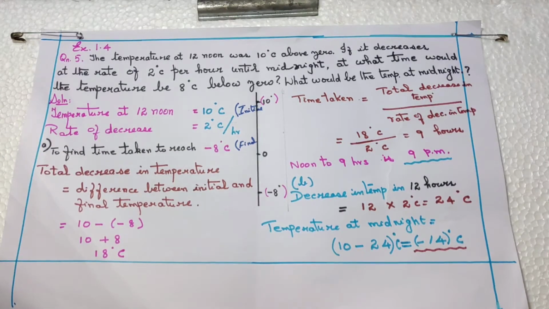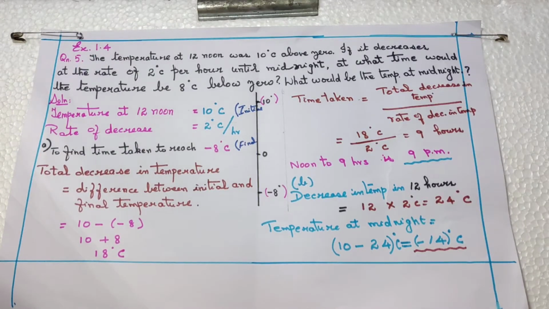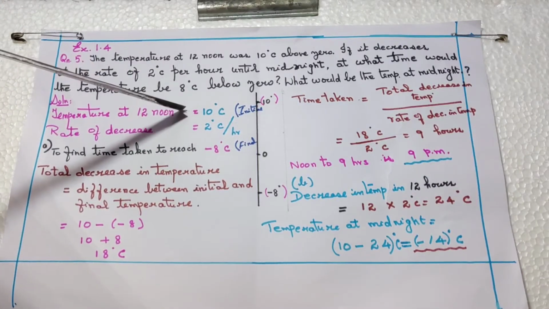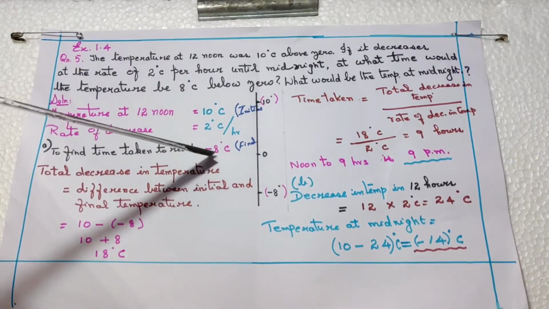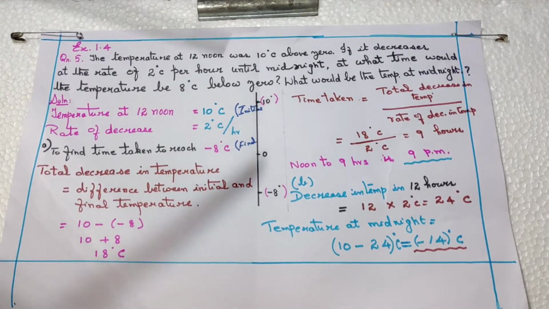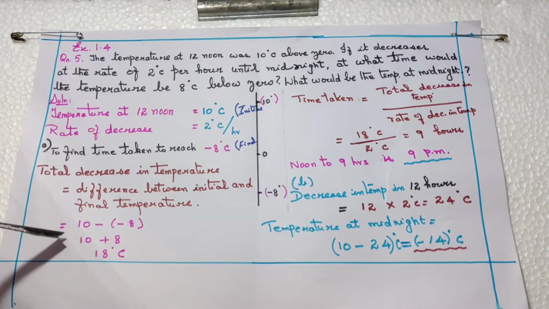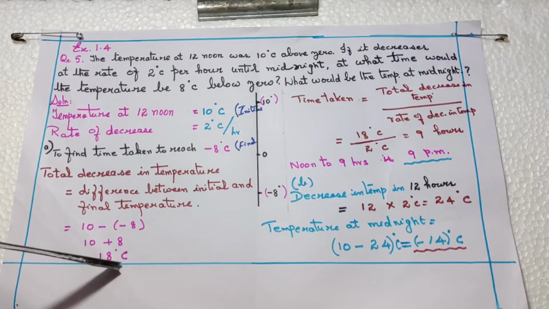Children, whenever we use the word difference, it can be from initial to final or final to initial temperature. Now, here the initial temperature is 10 degrees. The difference means we are finding the minus. And the final temperature is minus 8. So, 10 minus minus 8 is nothing but 10 plus 8, which is equal to 18 degrees Celsius.